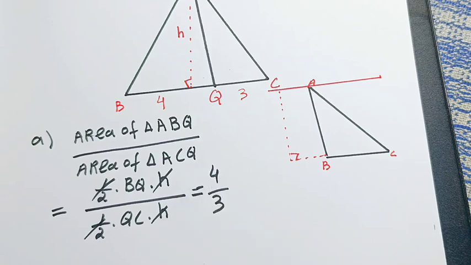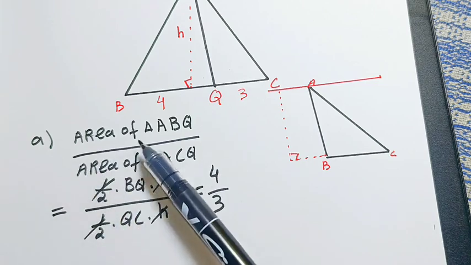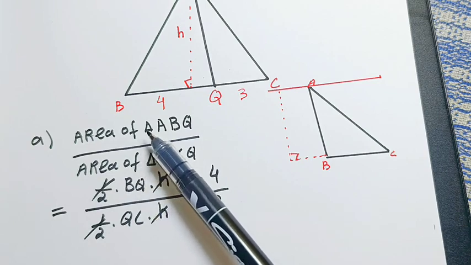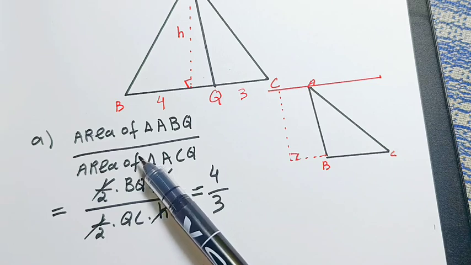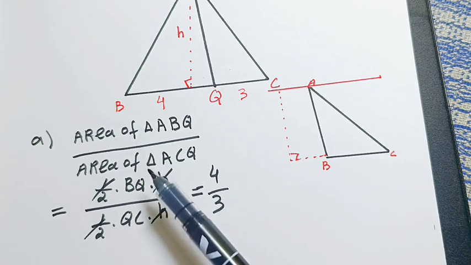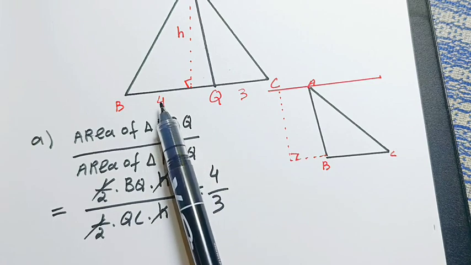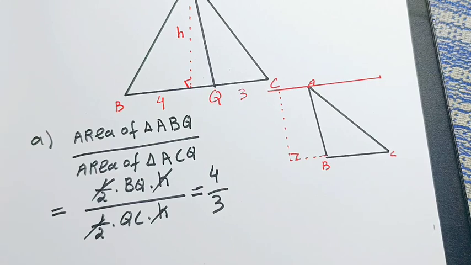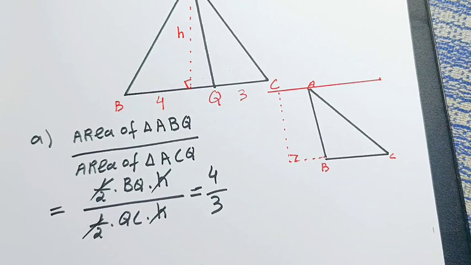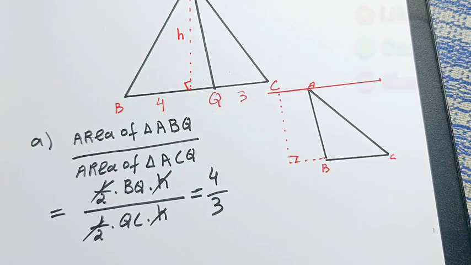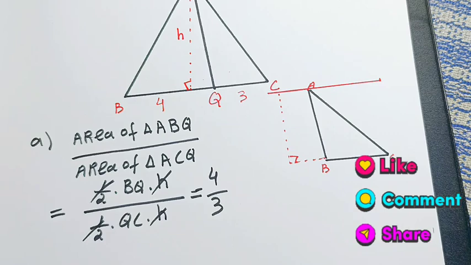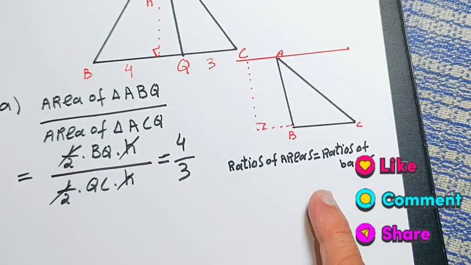This is 4 ratio 3. You must remember this, it is very important. Then you will know that your answer is correct. Let me write it for you on the side: ratio of areas is equal to ratio of their bases. So my answer is correct.